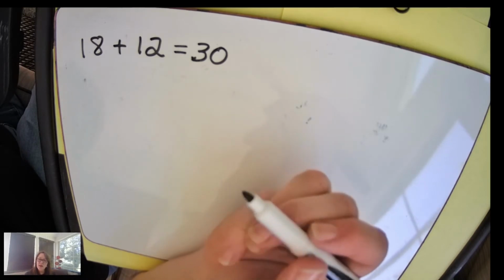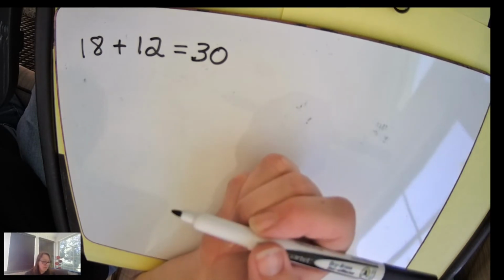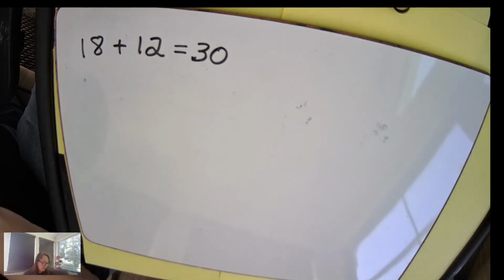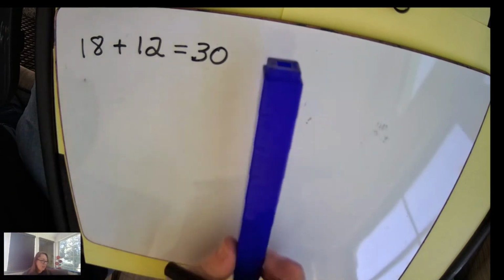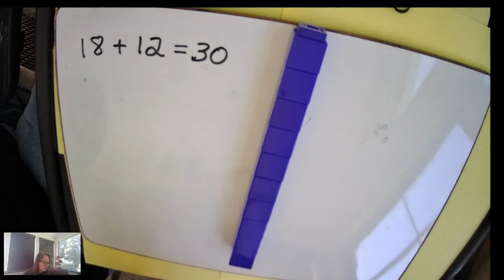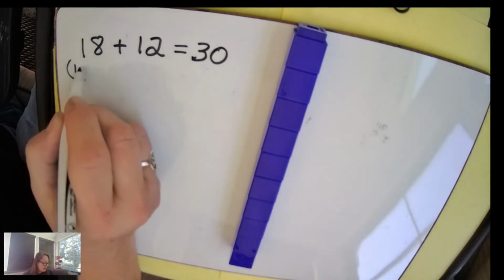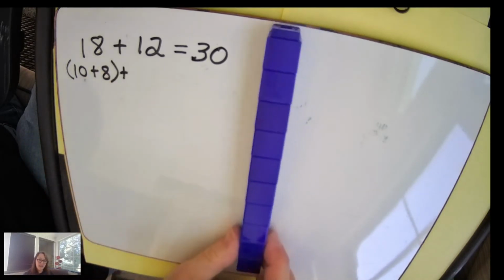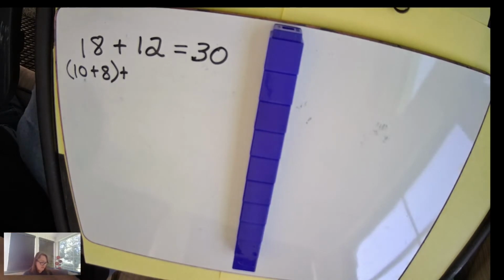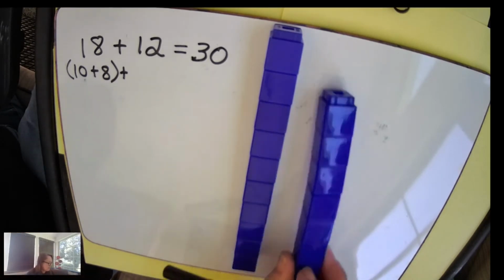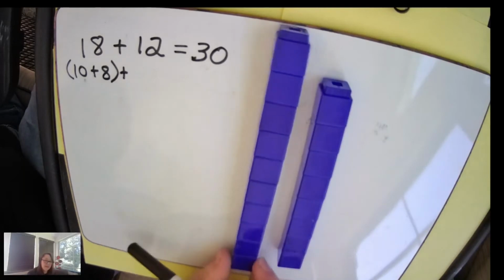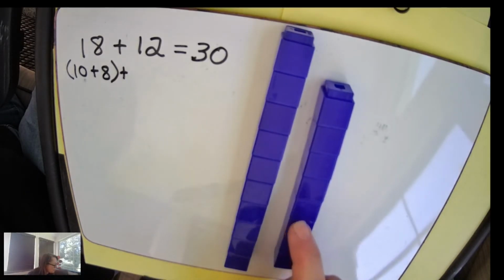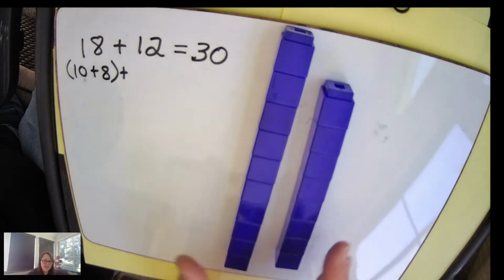Sarah, talk to us about how you were thinking about this problem. Okay. Sarah says she broke the 18 apart into 10 plus 8, 10 plus 8 ones. Let's make sure. 10 and 8 ones. 1, 2, 3, 4, 5, 6, 7, 8.